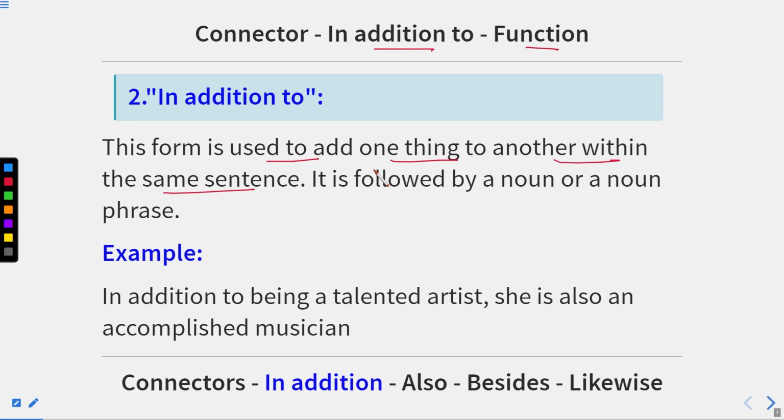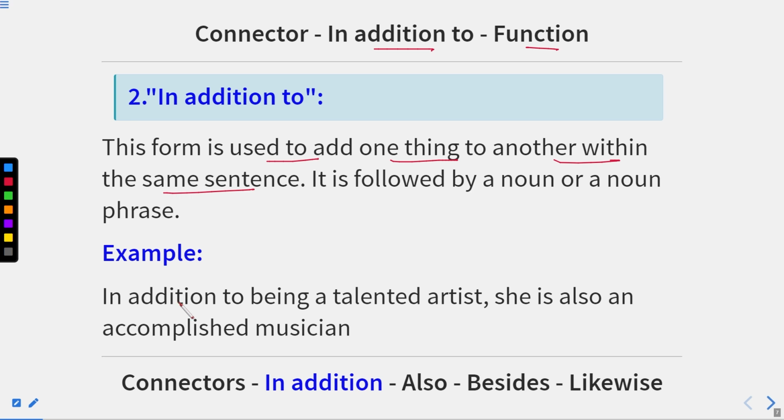But whenever we use the phrase in addition to, we just use in addition to in the sentence itself. We are not completing one sentence and after that having this phrase. No, we have this in addition to phrase within the sentence and we add the further information within the sentence only.